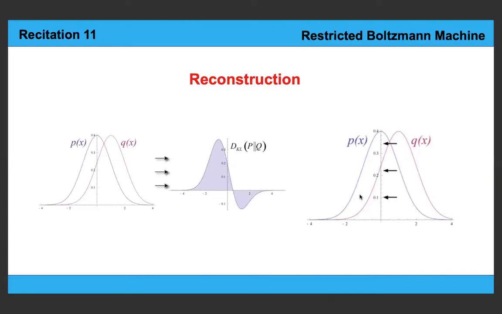So the activations now become your input, and they can be used to produce another set of activations. Because this looks quite similar to the autoencoder, the RBM is usually used to initialize the weights for autoencoders.